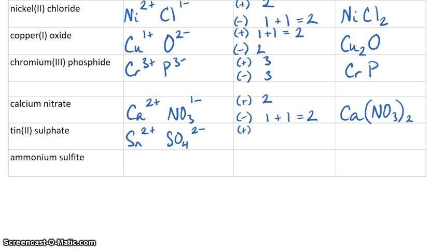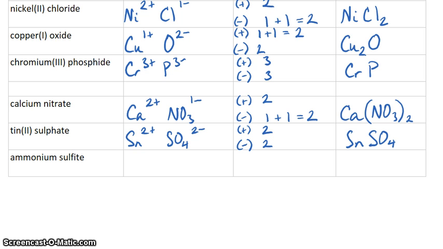So here, one tin ion with a charge of 2 cancels out completely with one sulfate ion, also with a charge of 2. So we can just write that as is, SnSO4. And we don't need to put any brackets or parentheses around SO4 because there's only one of those ions there.